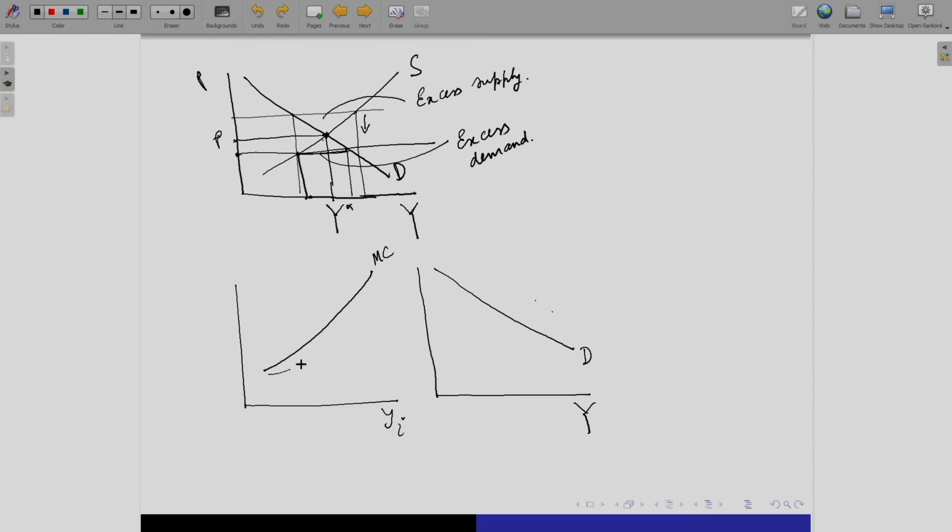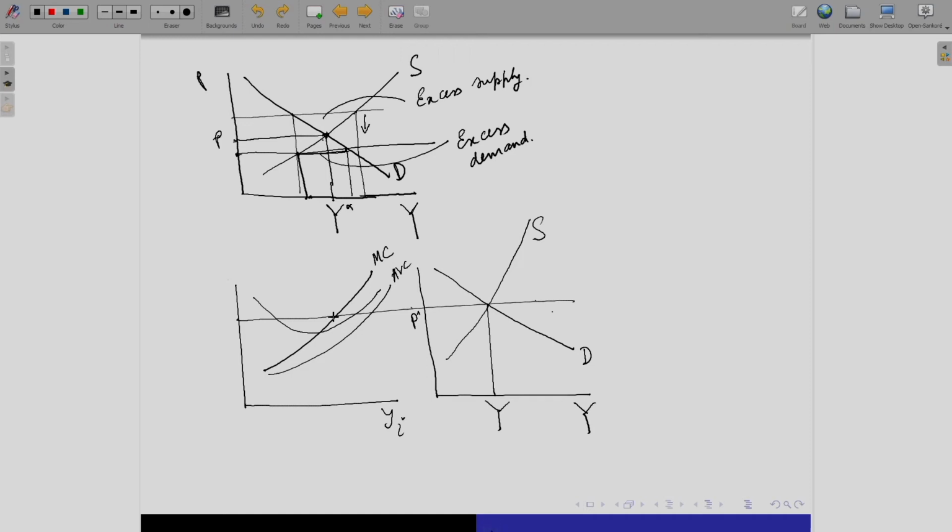Okay, average variable cost is of this nature, average cost is of this nature, and market price is suppose this. What does this mean? That the supply curve is like this, and this is the market, and this is the price which is prevailing at the market at that time.